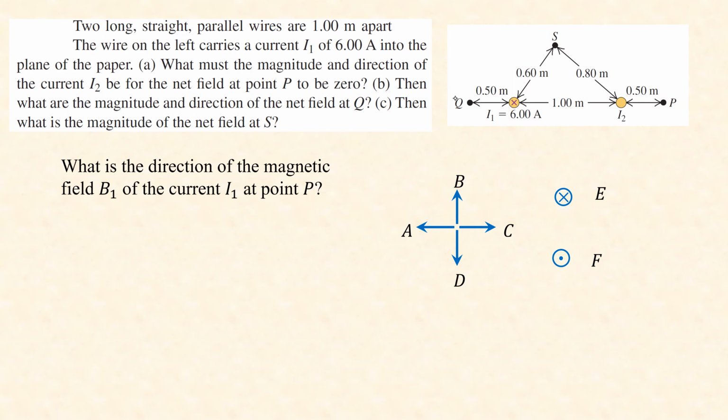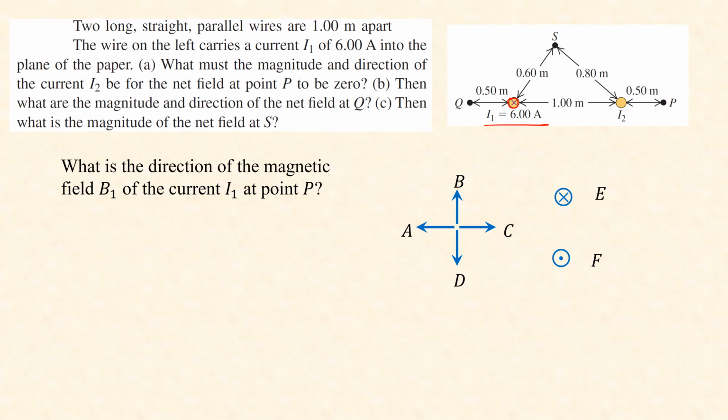this figure shows two long straight parallel wires that are 1 meter apart. The wire on the left carries a current I1 of 6 amps into the plane of the paper. So as you see, I1 is 6 amps going into the page.